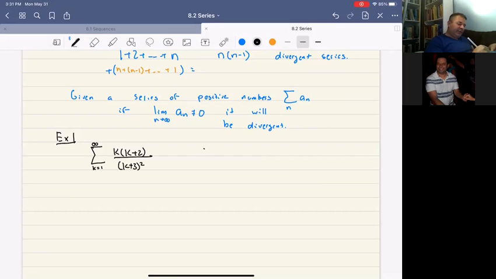So a sub k equals k times k plus 2 over k plus 3 squared. Since the limit of a sub k equals 1, therefore, the series diverges.